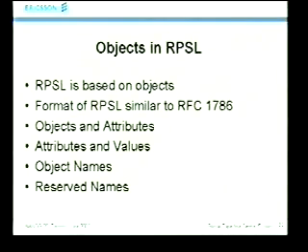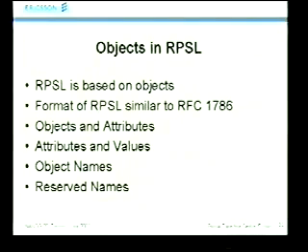Objects in RPSL. As I say, RPSL is based on objects, but we don't mean like object-oriented programming, we really mean records. The format of RPSL is very similar to what went before, RFC 1786. Very, very similar.